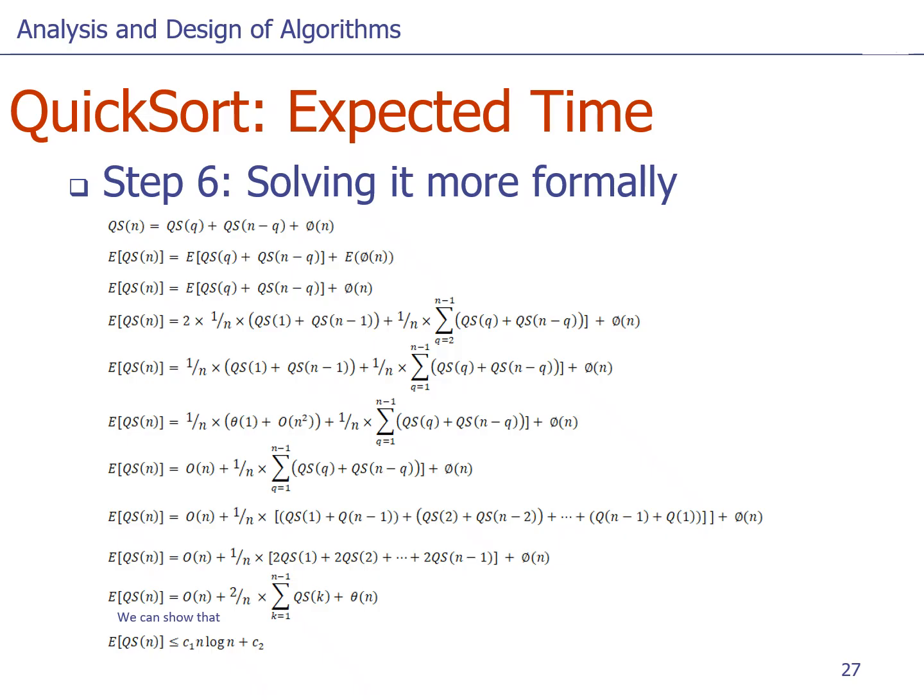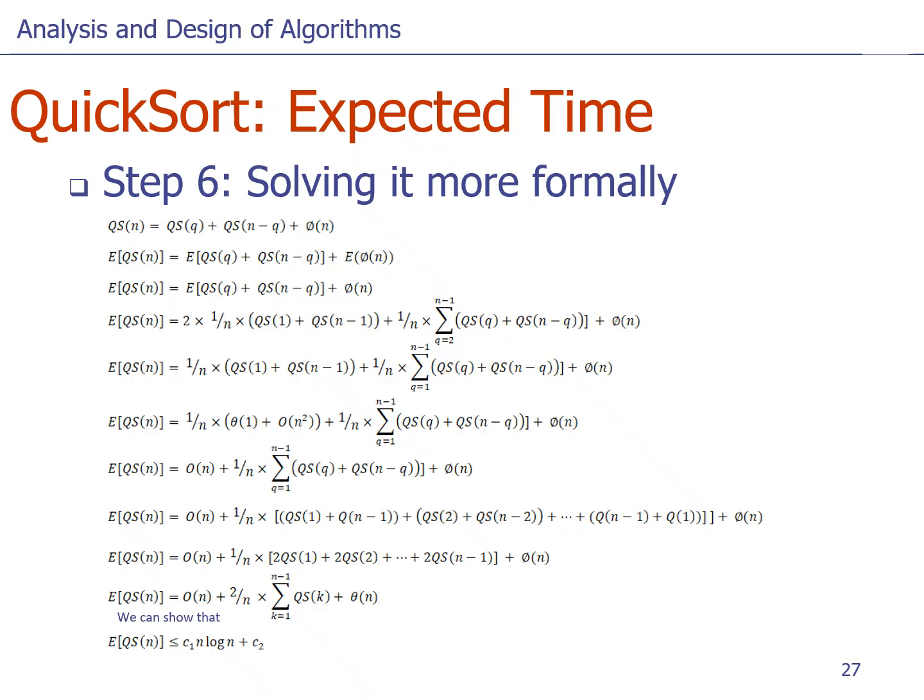So you've got to do this processing, so there is no notion of the chance of doing it. The chance is 100%, so you're going to do it. So it's theta of n, okay? Now, the remainder part of the third line is still the expected value of quicksort of q plus quicksort of n minus q. So this is the part I'm going to work on. The plus theta of n will remain with us all the way till the end, as you see in the last line.